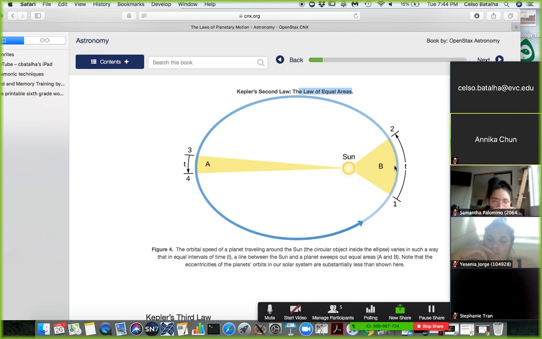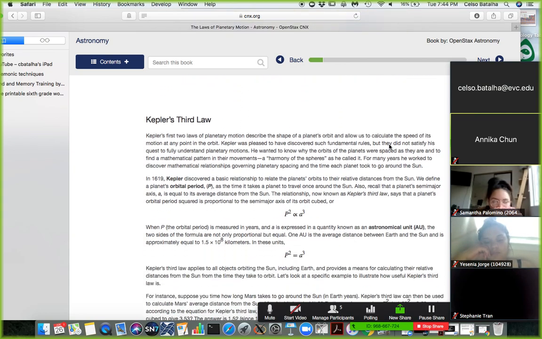The planet speeds up because it has to cover a longer path in the same amount of time. So the planet speeds up closer to the Sun, and then it slows down as it goes away, and then it starts speeding up again, reaching higher speed when it's closer to the Sun. Okay? That's the second law of Kepler.